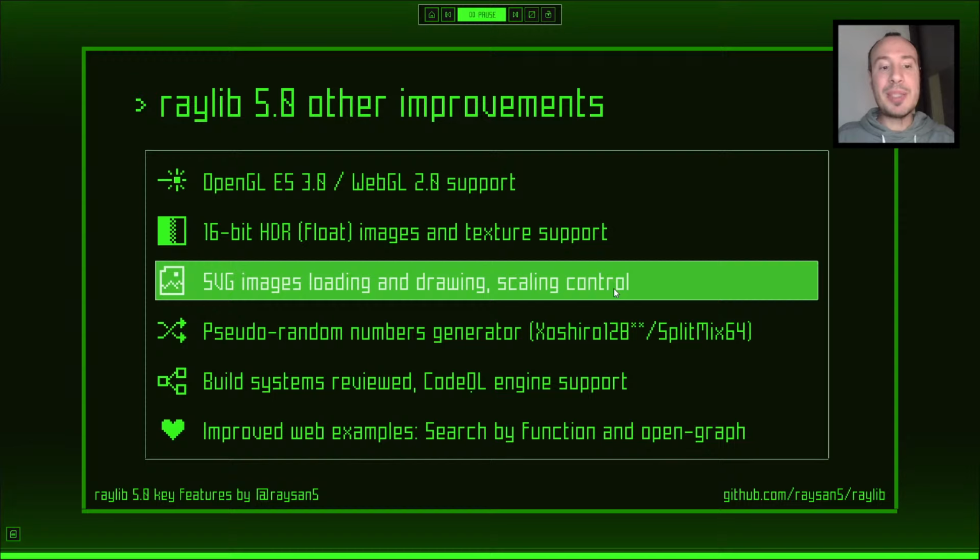Also, the support for SVG images, loading and drawing, but they are pre-rasterized. I mean, they are not drawn on GPU, but in the moment of loading them, they are rasterized. But there is a scale when SVG images are loaded.